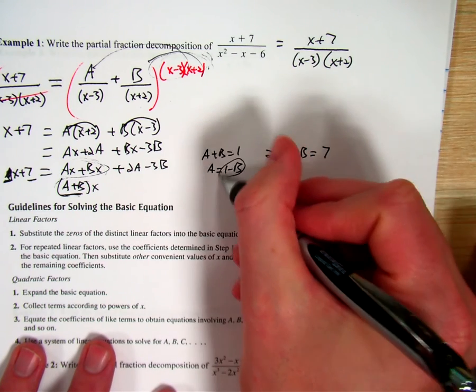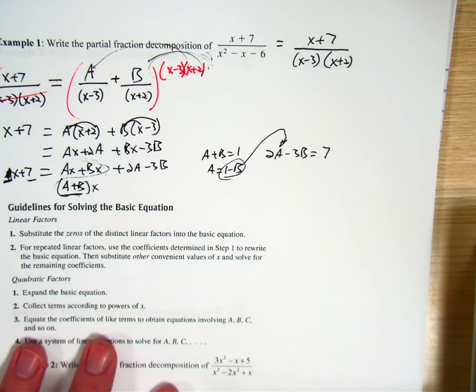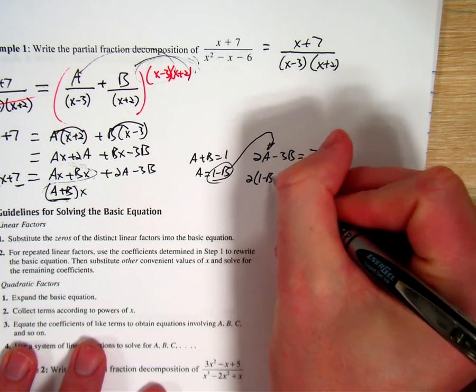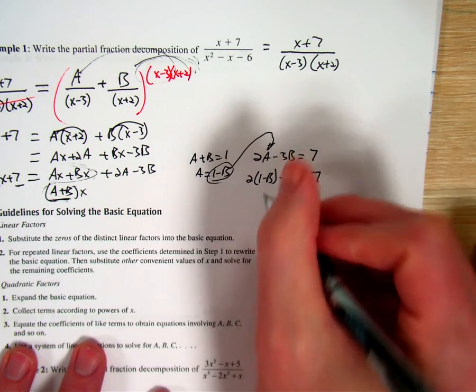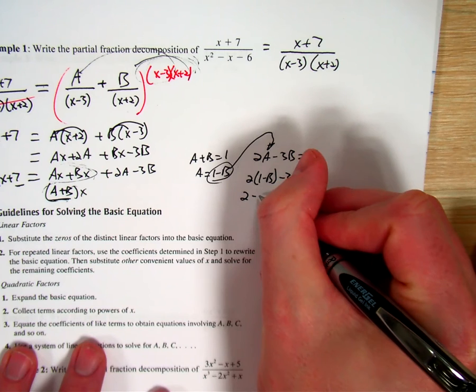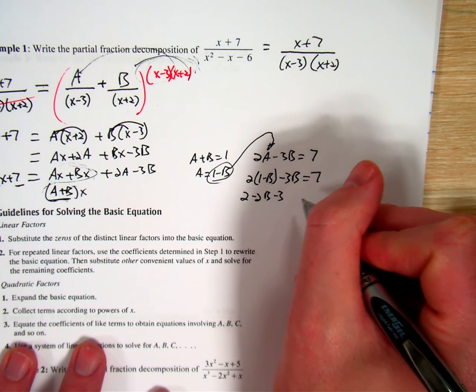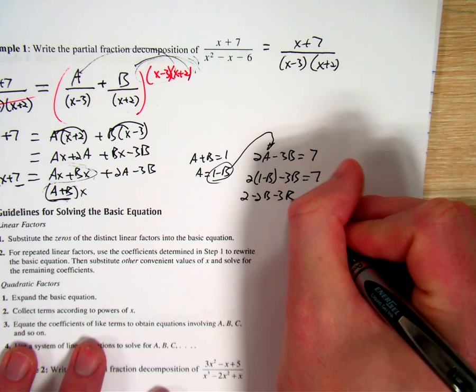And now we're going to substitute 2 times 1 minus b minus 3b. So we have 2 minus 2b minus 3b equals 7.